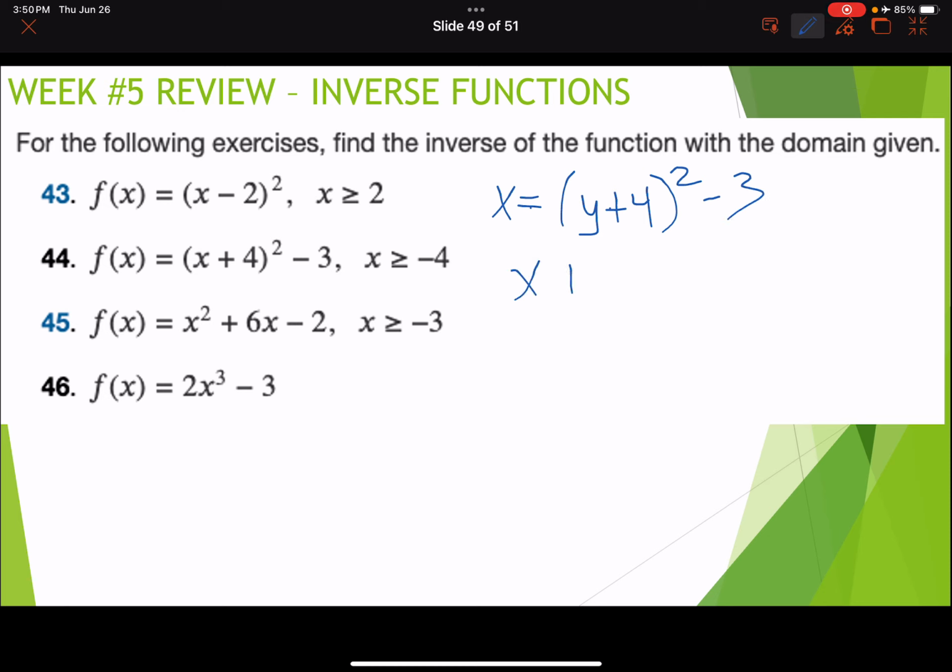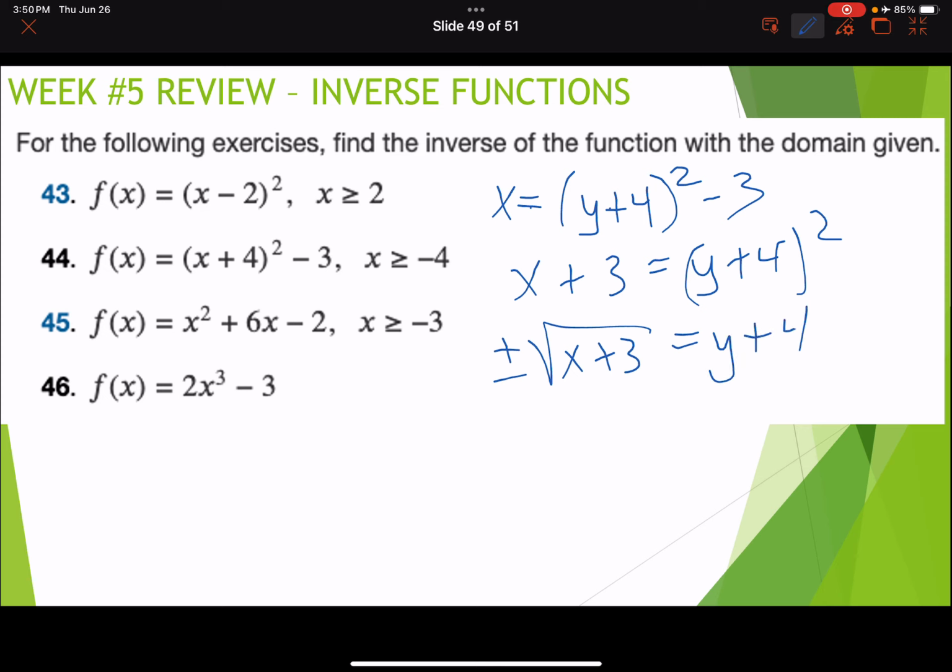So it's going to be x plus 3 is equal to y plus 4 squared. We square root, and we're going to get plus or minus the square root of x plus 3 is equal to y plus 4. That means that y is equal to plus or minus square root of x plus 3 minus 4. There's your inverse.